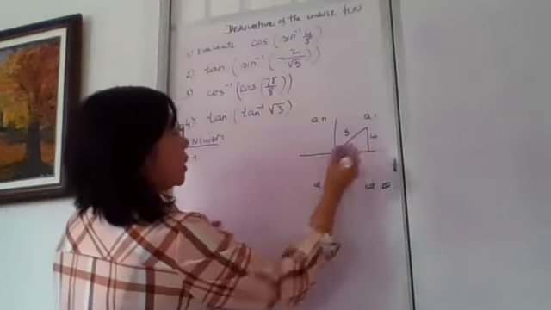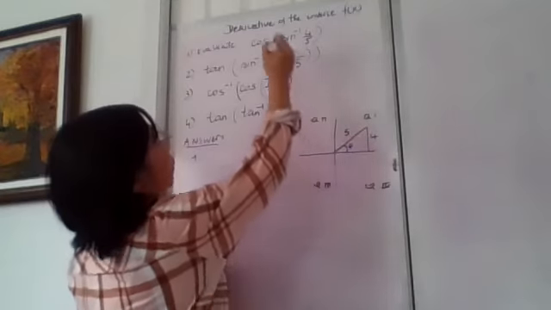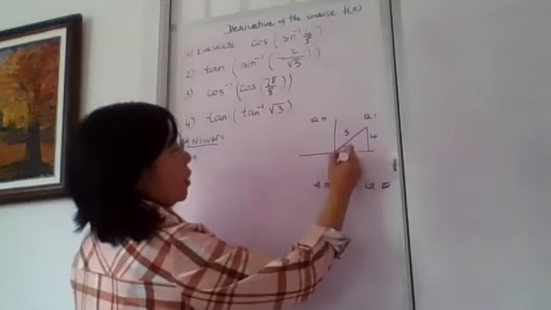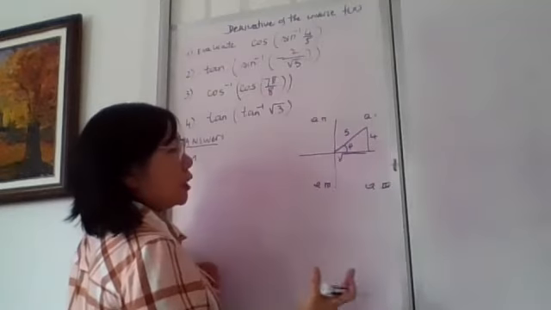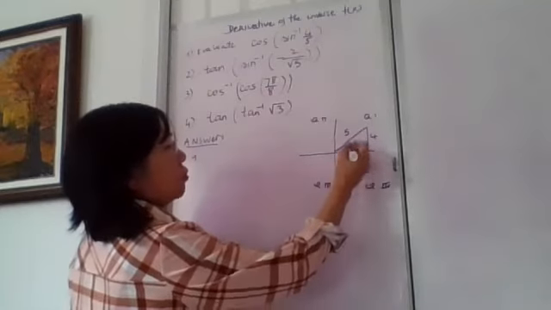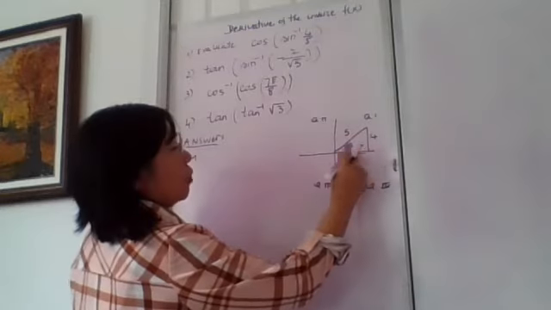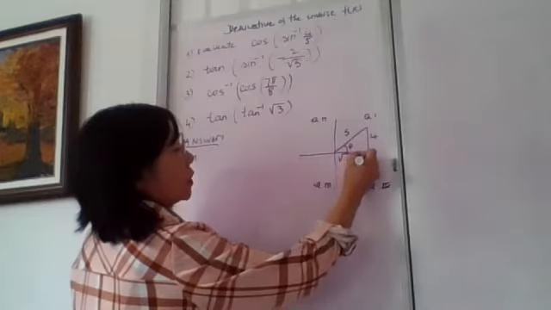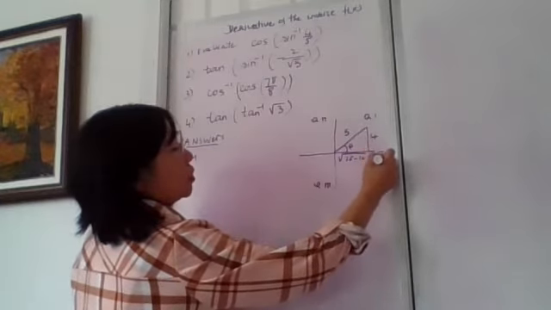We know this is the angle theta, right? So the sine of this angle, and we want to have the cos of this angle. So we have to figure out this adjacent length, because we're talking about the cos. This will be equal to square root of 5 squared minus 4 squared, and 5 squared is 25 minus 4 squared 16, which is square root of 9, which is 3.